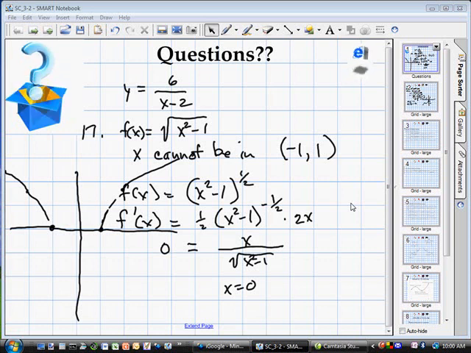I would just say anytime they ask you to do a graph, and I think this one ended up with the directions, sketch the graph, you always want to take a peek at the domain. And in this case, there's an obvious domain problem. You cannot ever have that thing under the root be negative. So therefore, x squared has to be 1 or bigger.